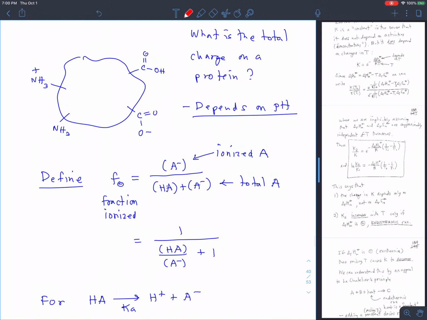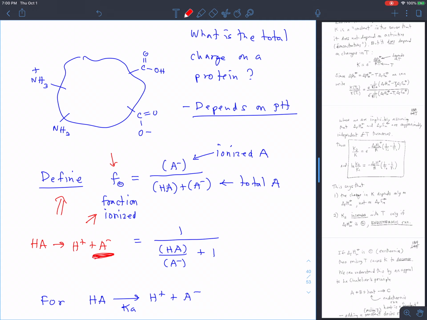To do that, we begin by defining the fraction of ionized acid. Our chemical reaction, again, is HA goes to H plus A minus. The ionized species is A minus.